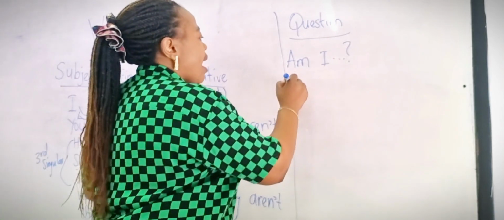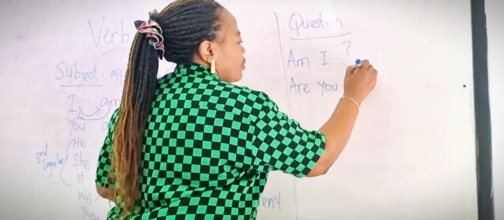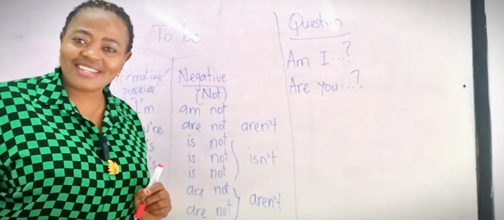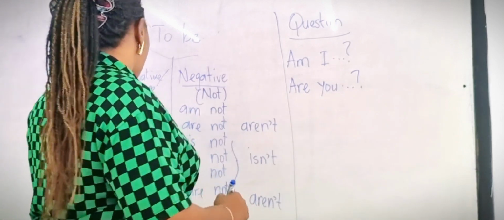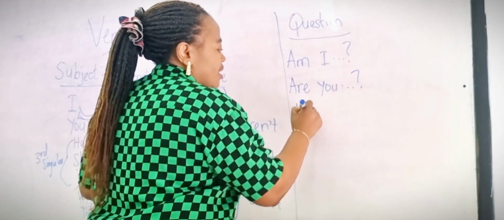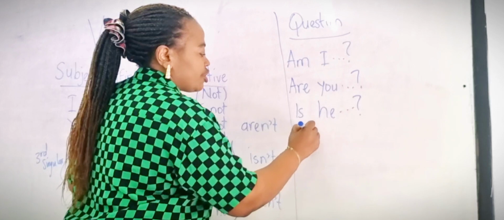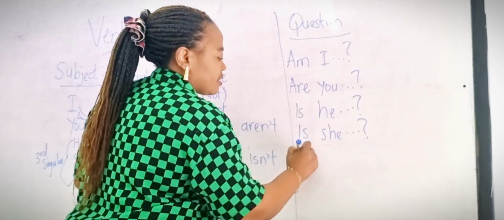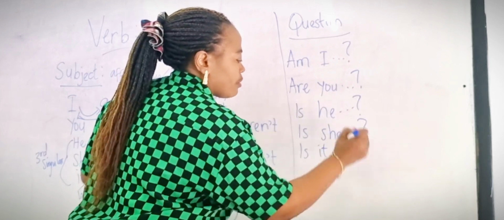Okay, so that is for I. And you are, the question becomes are you? Question mark. Are you a teacher? Are you a student? Are you okay? And we also have he, she, it. We have is he, is she, is it, question mark.